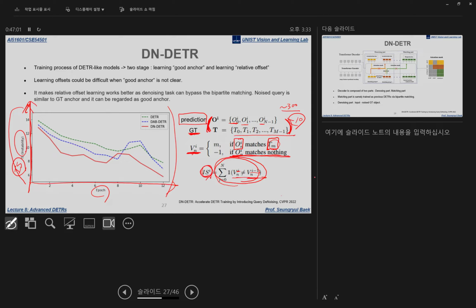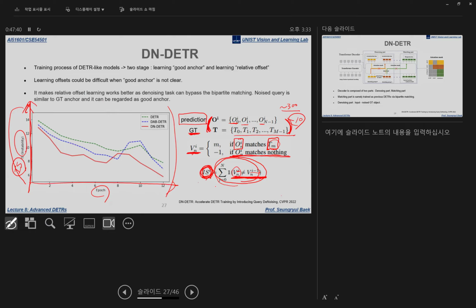This IS measure is measuring the instability of the training, which means if this measure is high, then it means that the matched ground truth for each output in the i-th epoch and the (i-1)-th epoch is not the same. So if IS is high, there are many samples whose output is matched to different ground truths at every epoch.